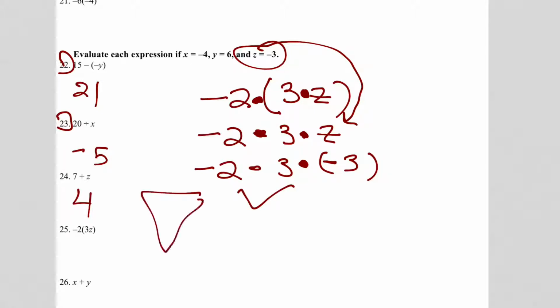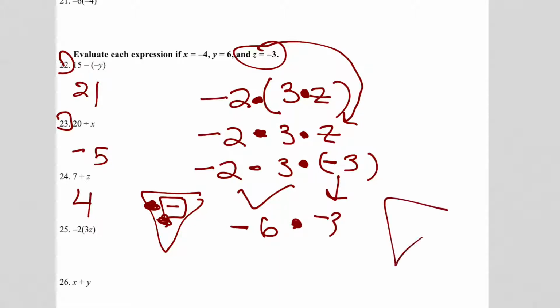Using the math triangle, because we're multiplying, 2 is negative, 3 is positive, our remaining sign is negative, so the answer is negative. 2 times 3 makes 6. Bring down this negative 3, bring down the times sign. Now we have a 6, which is negative, and the 3 is also negative, so we're left with a positive answer. And 6 times 3 is 18.